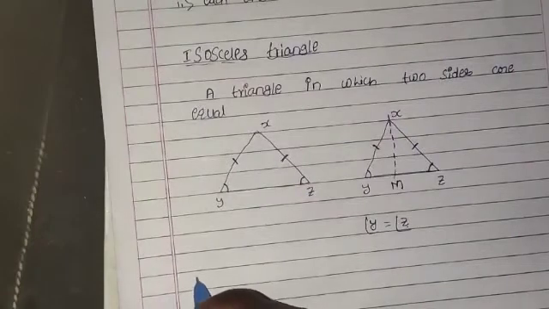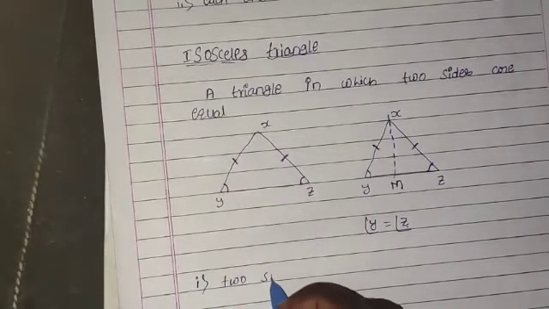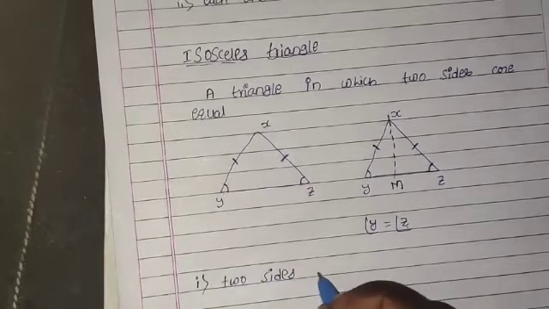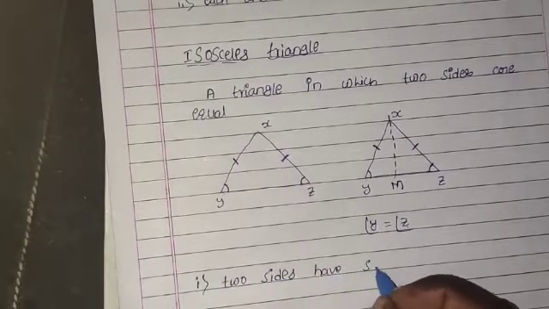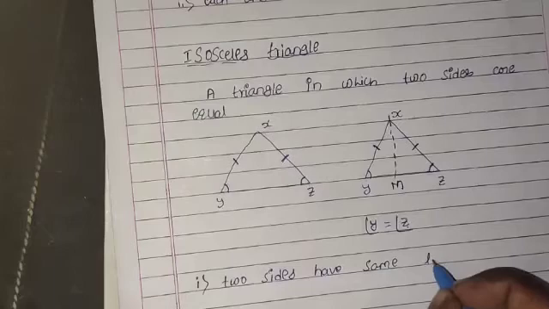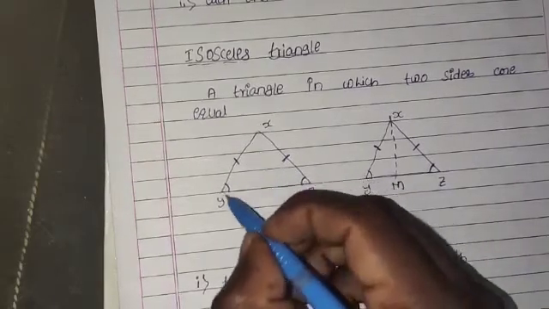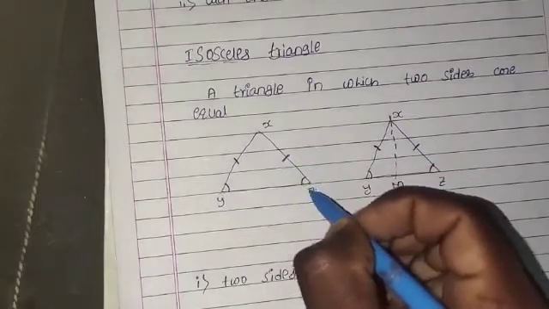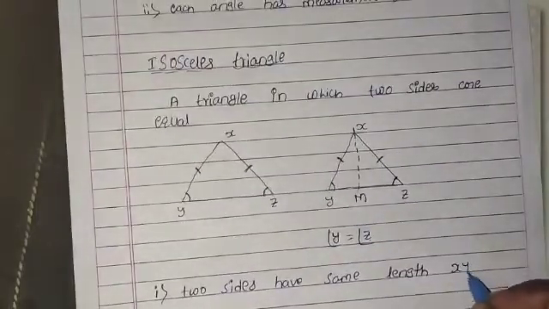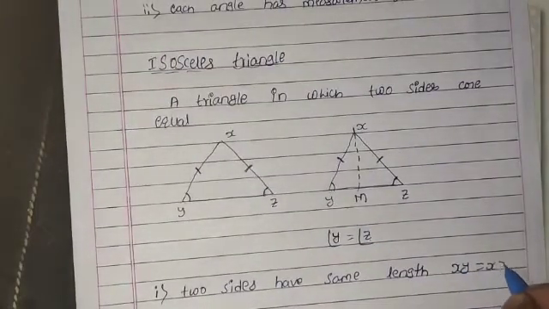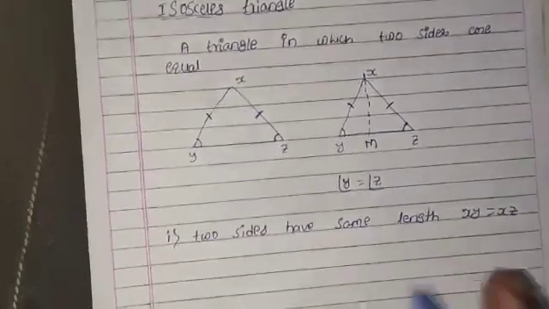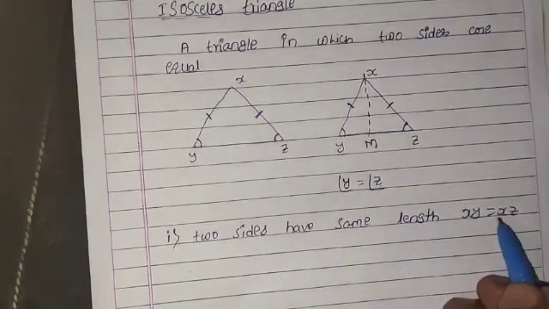In an isosceles triangle, two sides have the same length. Here, which are the two sides? XY and XZ. Side XY is equal to XZ.